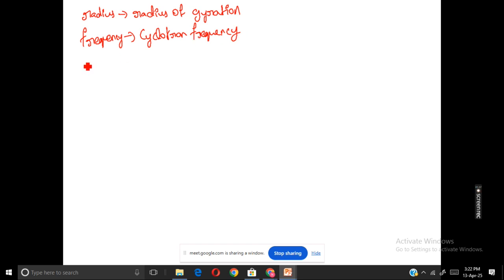And the center point, or the point around which the circular motion is executed, is known as the guiding center.